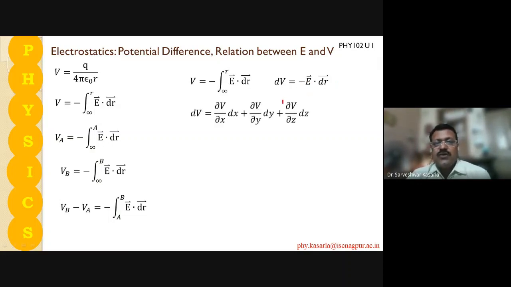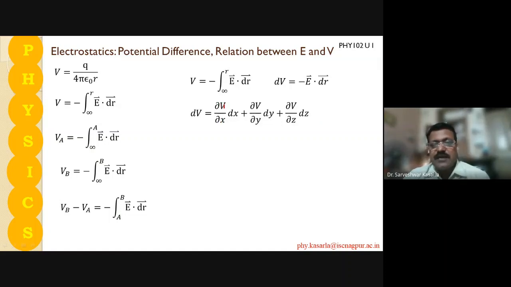Now dV is the differential, and it can also be expressed as dV equal to del V by del x dx plus del V by del y dy plus del V by del z dz. This is the standard formula, called the differential.